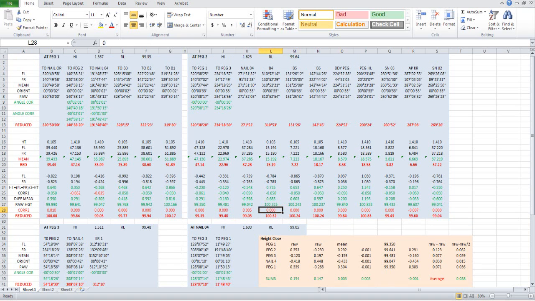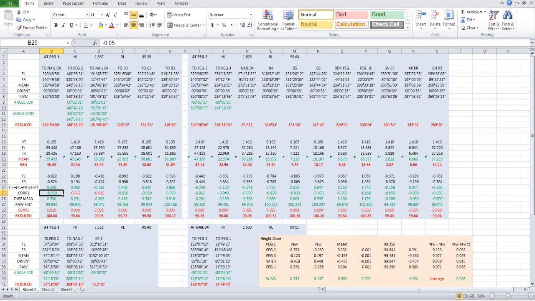And so using those, I was able to work out what sort of correction we should be applying. I'm quite happy with the corrections between the marks, like so, and working them out. But first of all, I had to get some sort of correction back to nail OR here.